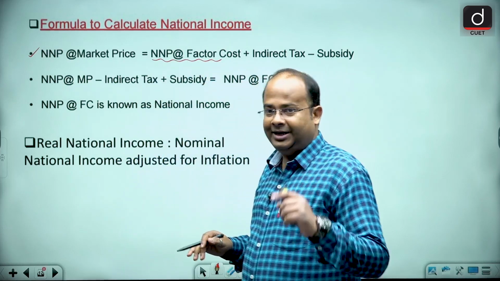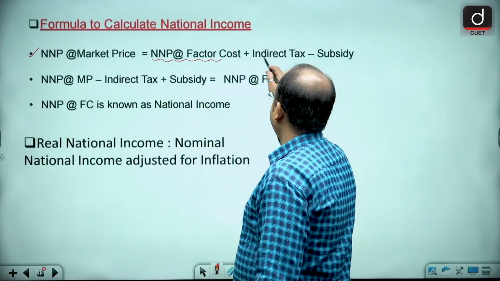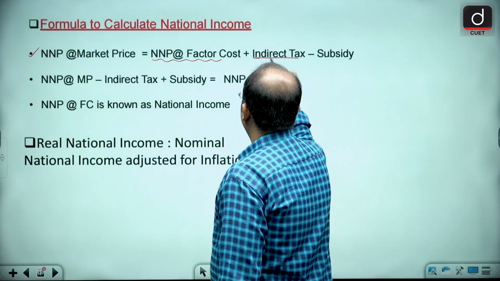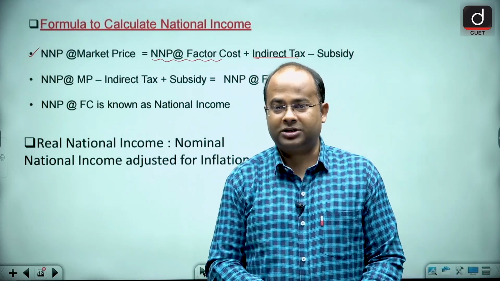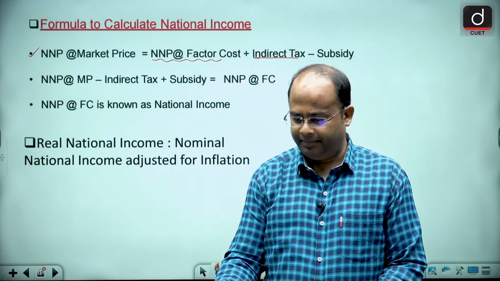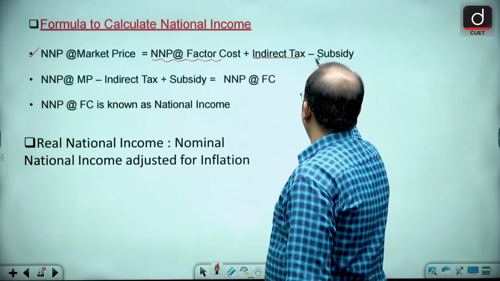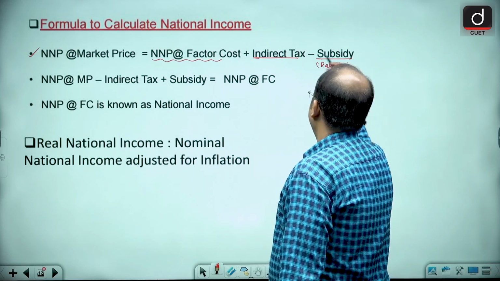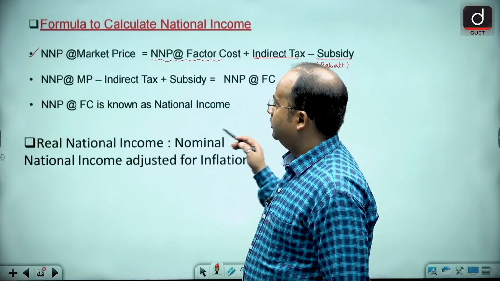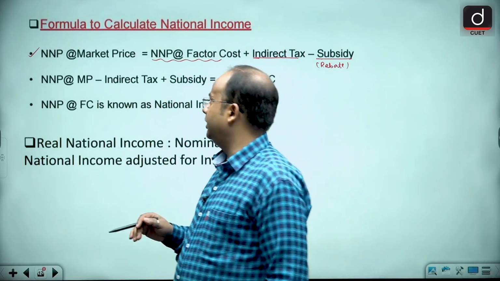Then you will add indirect taxes like GST, and if the products become costly, then government provides subsidy, that is a rebate, and the rebate is reduced. Now this is how NNP at MP, that is market price, is calculated.